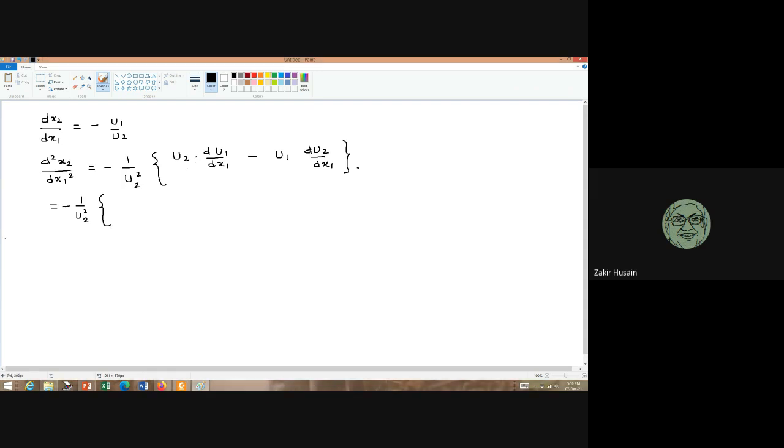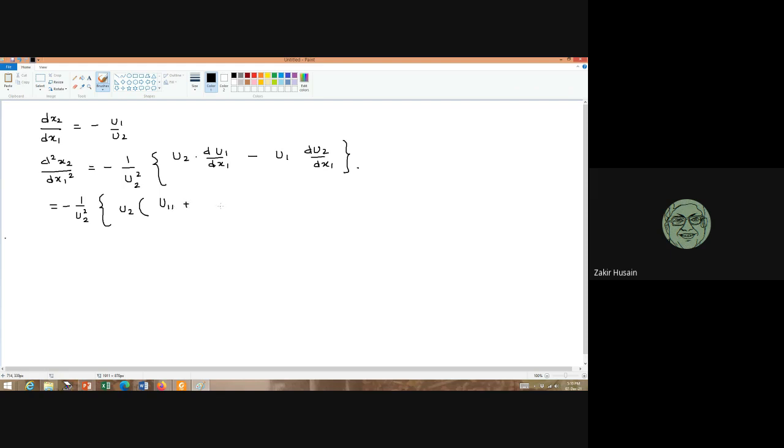Okay, I'll do this part. You will have to find out what is this part. Okay, so this is u2. Now, when dx1 changes, u1 will change. So we can write this as u12.